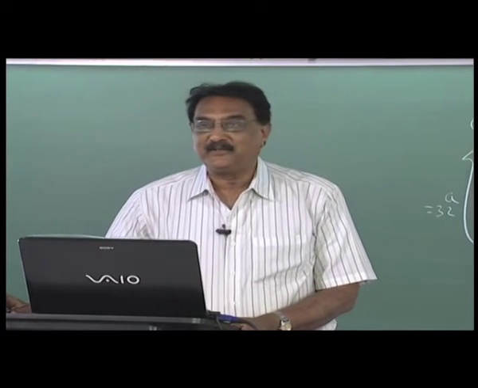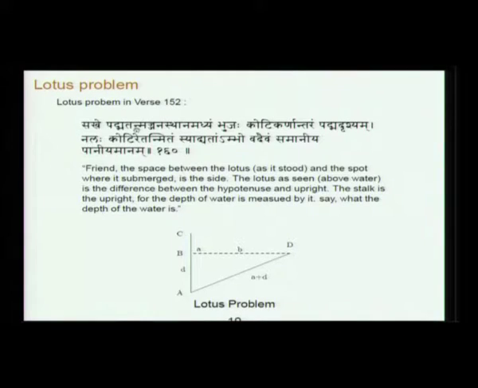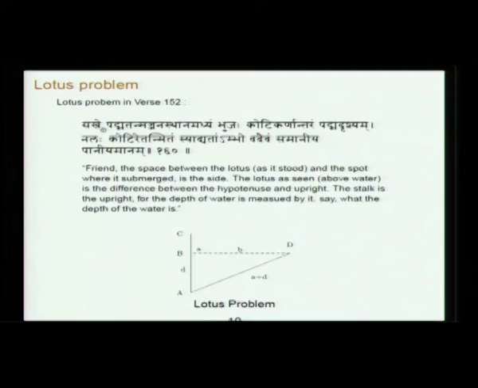Then again, this is also a famous problem called the lotus problem. Sage sakhe padmatan majjana sthana madhyam bhuja koti karnantaram padma drushyam nalaha koti retan mitam syadhyatombo vadaivam samaniya paniya manam. So, earlier you see the lotus is there, this is the root.